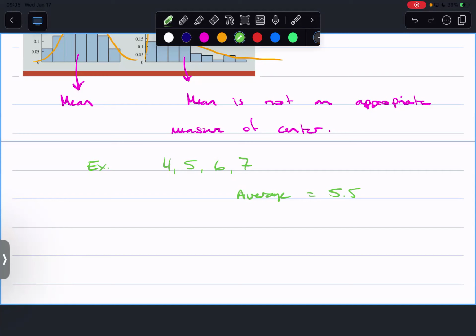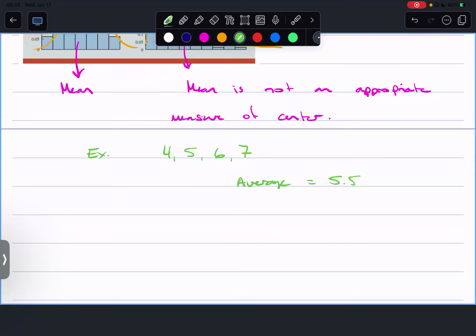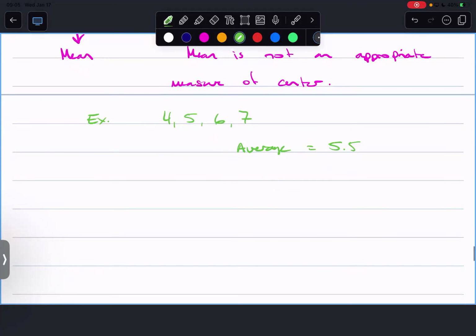And so if we have an average of 5.5, that's fine, right? Things are centered around 5.5 reasonably. Now what if I change it to 4, 5, 6, and 70? Uh-oh, now I'll really need a calculator.